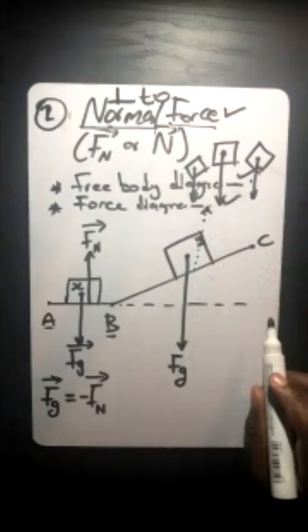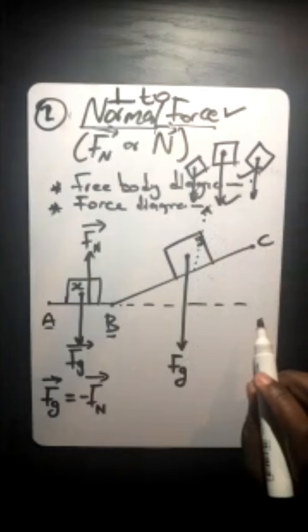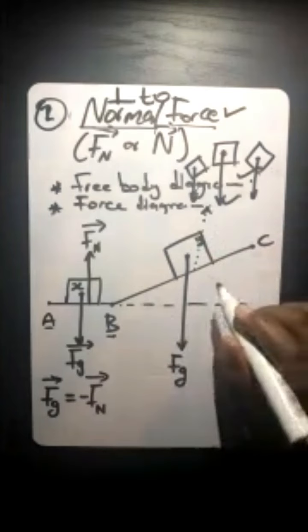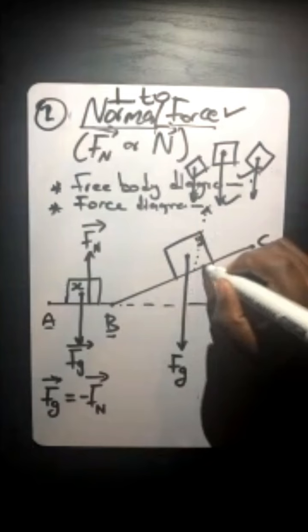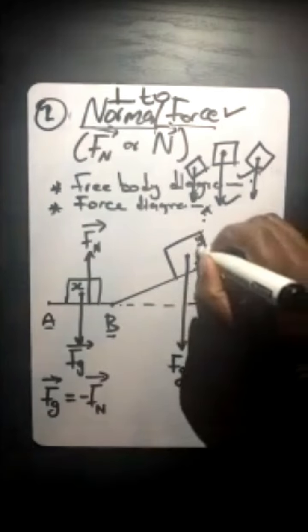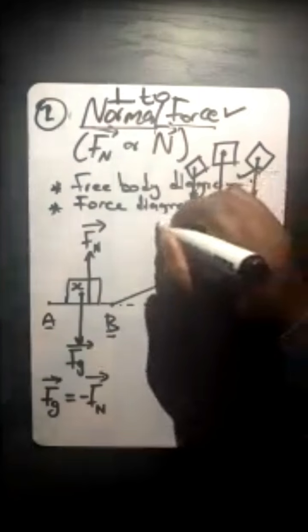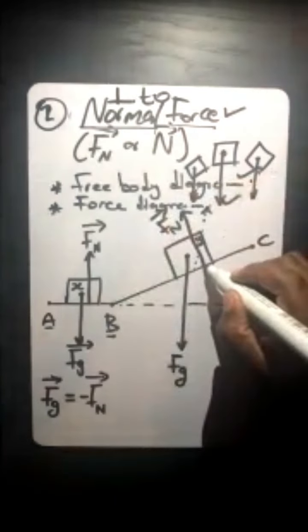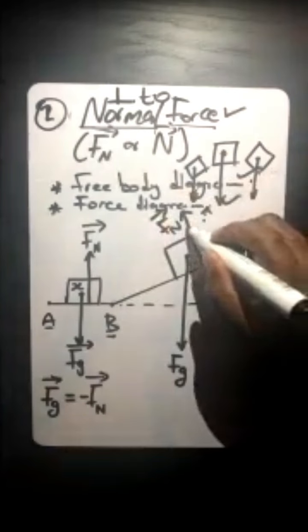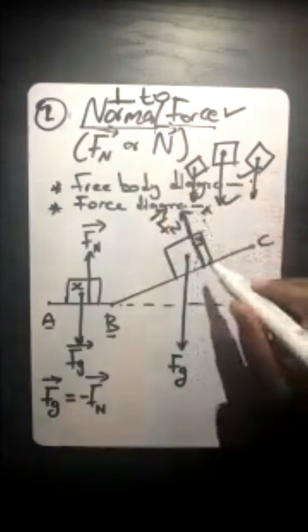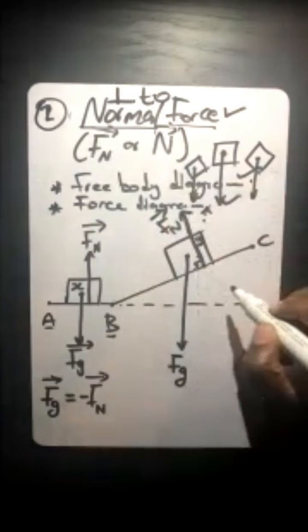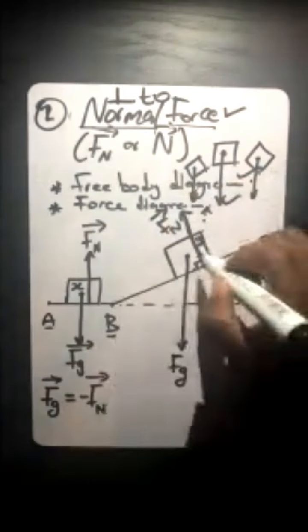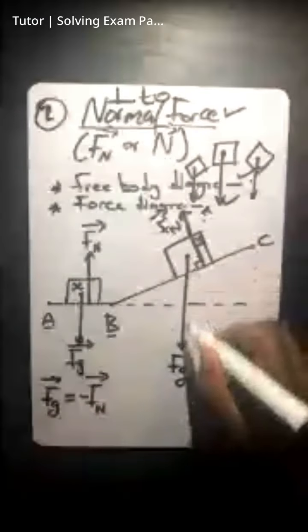Because a normal force is a force which is perpendicular to the surface. So the normal force starts from the surface and goes not necessarily vertically upwards, but at right angle to the surface. That is where we have a normal force. So can you see, this is vertically downwards, but this is at an angle.